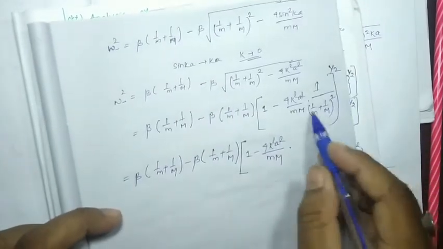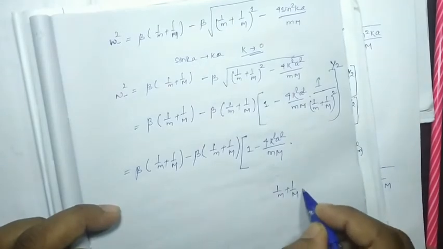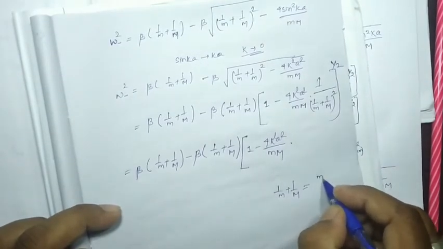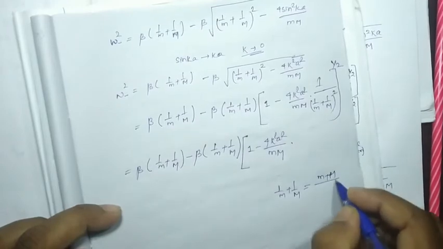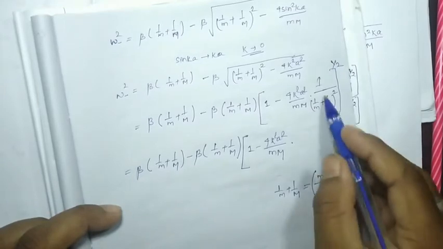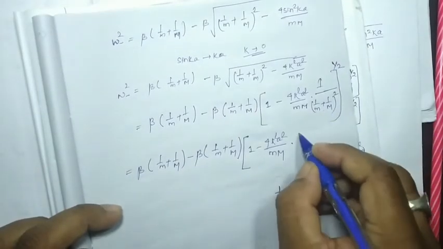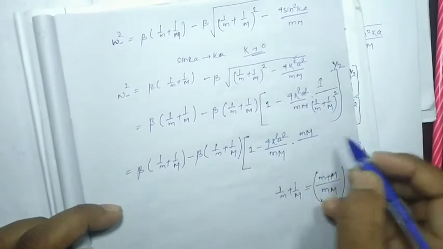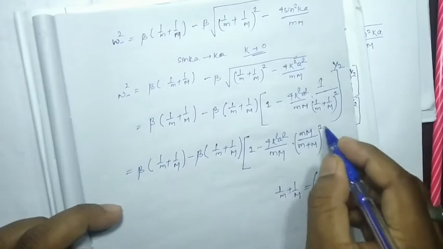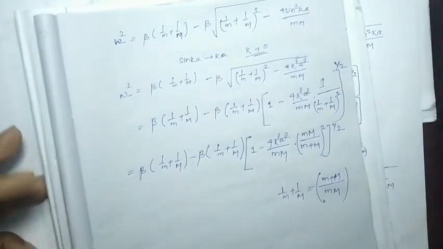See, 1 by m plus 1 by capital M is nothing but m plus capital M divided by m into M. So this is in the denominator. If we take it to the numerator, it will be m capital M by m plus M square root over. Okay, so same thing I have written here.